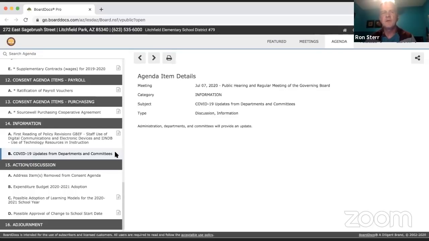But so far, again, we feel very fortunate that no one has contracted COVID-19, or at least tested positive of it. And we're taking a lot of precautions, and we're finding we have to be very, very vigilant and diligent and careful about that. But again, flexibility is the key.